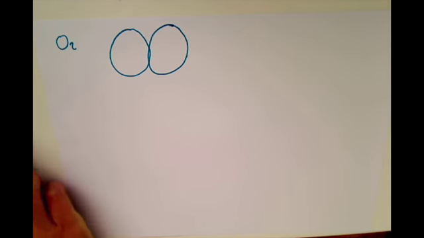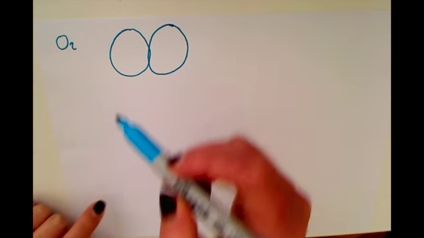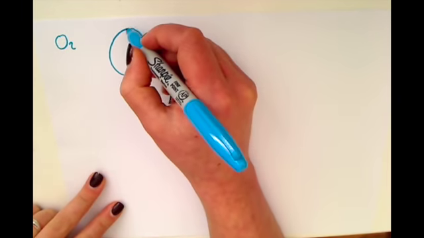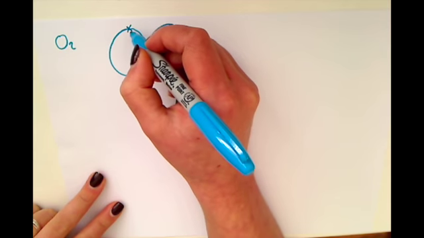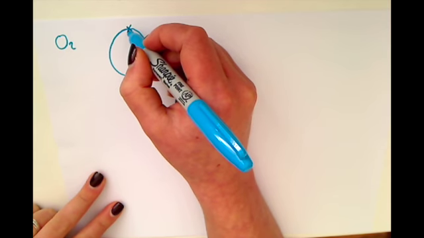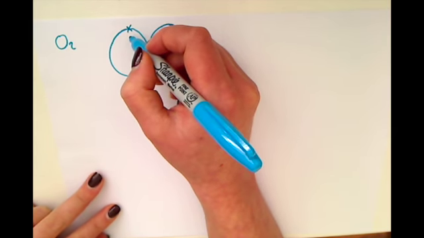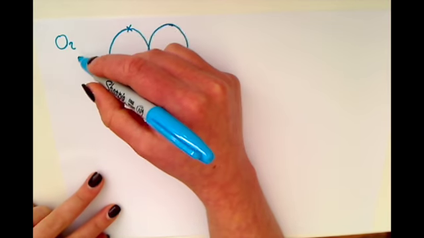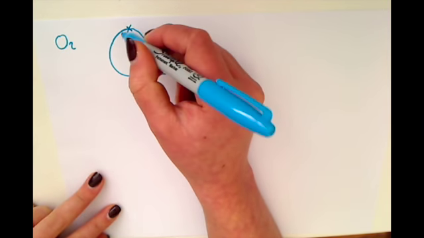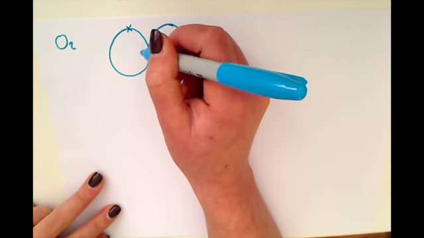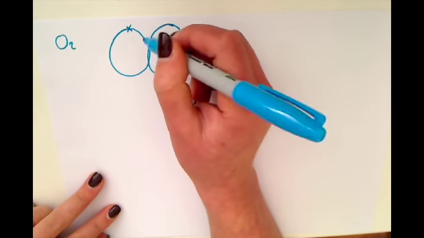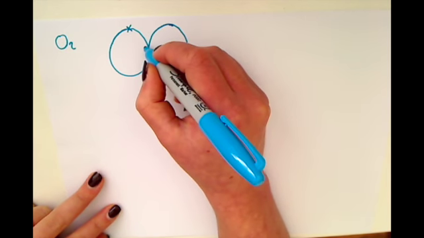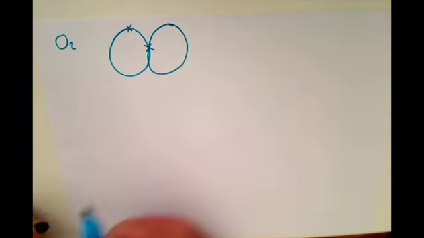I'll draw one of the oxygen atom's electrons in blue. The oxygen atom needs 2 electrons because it's in group 6. It would need 2 electrons in its outer shell to complete it. If I draw these ones in first, it sometimes helps.